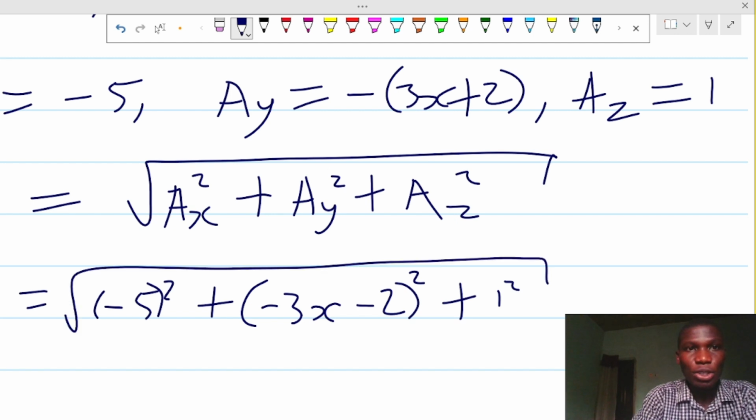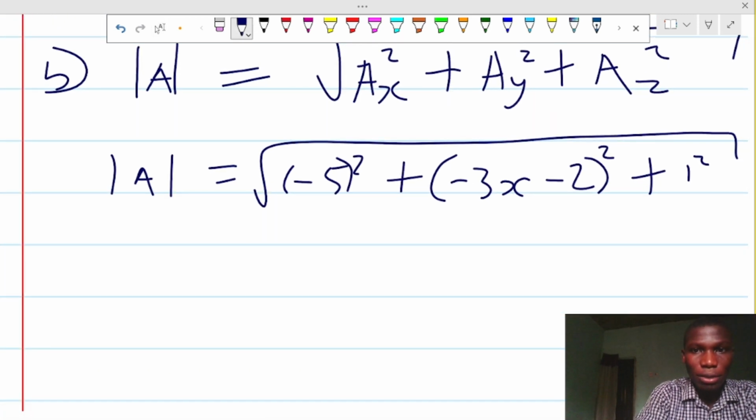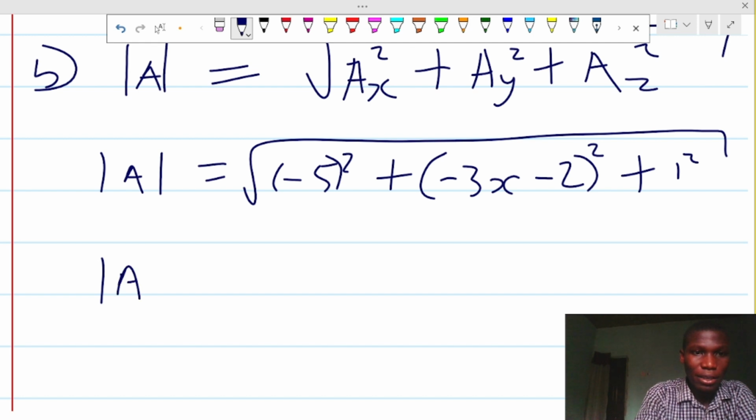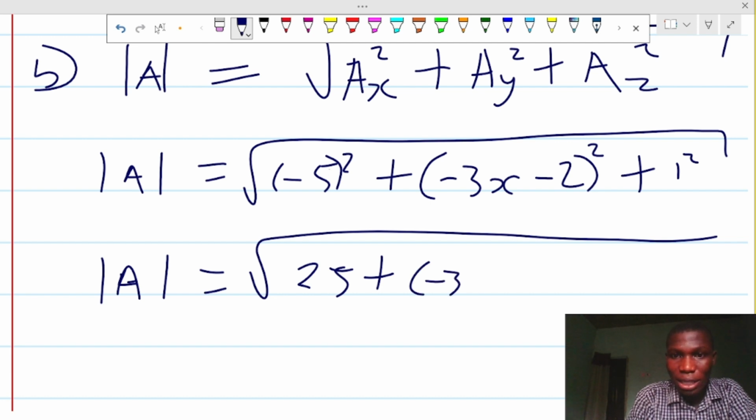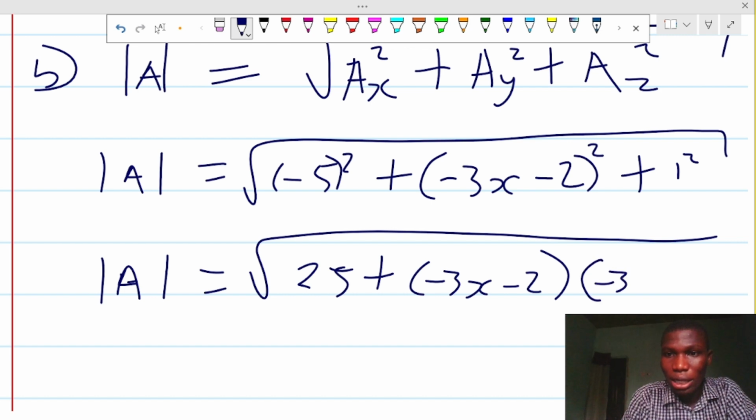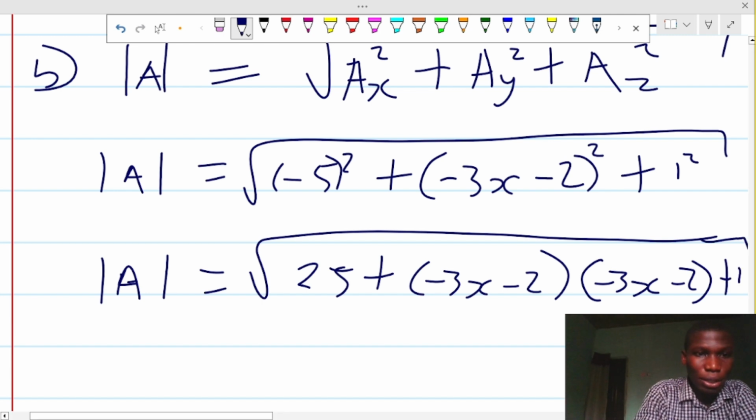So this will result in 25 plus (-3x minus 2) squared, and then plus 1.